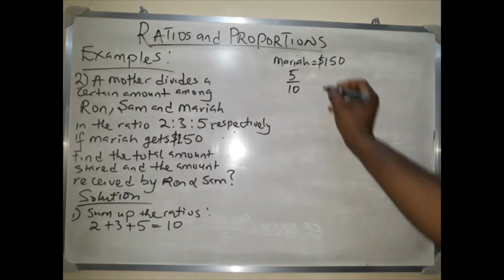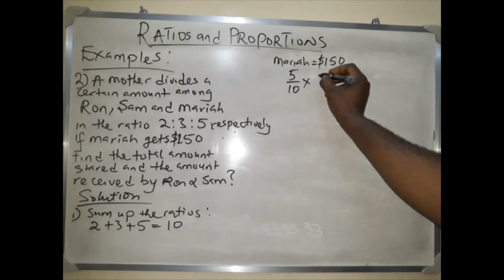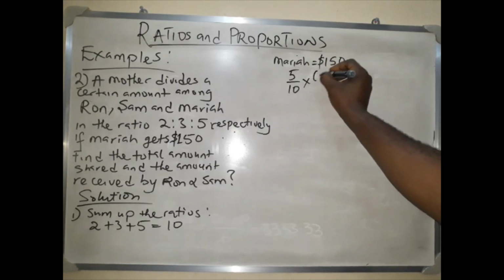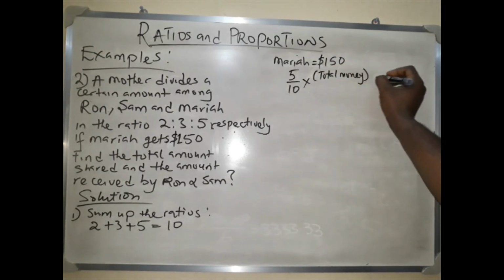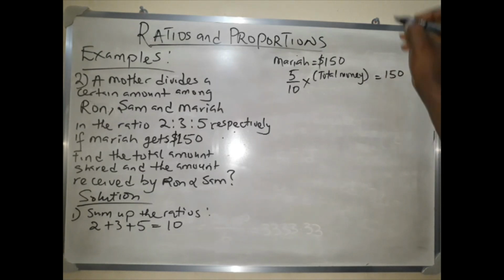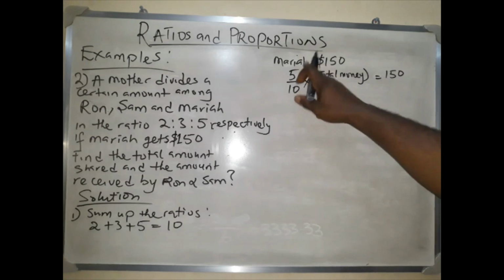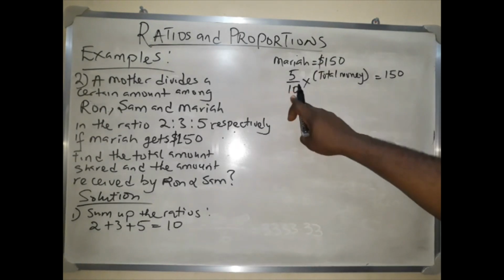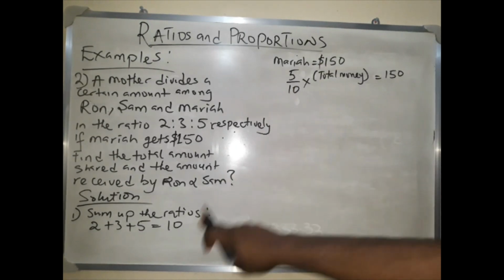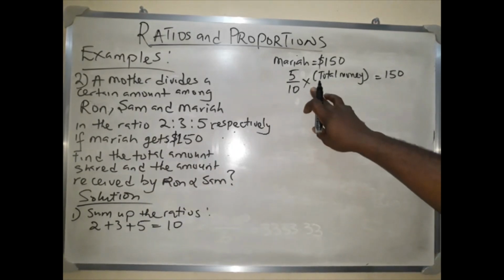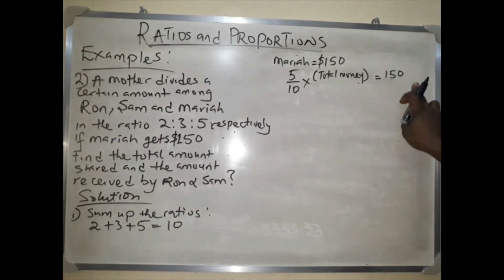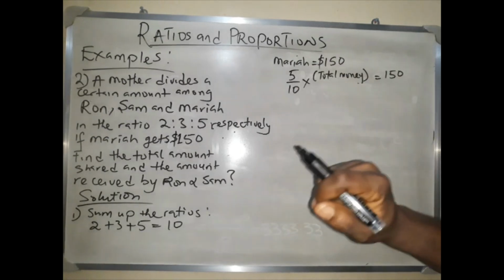So that means that 5/10 times the total money, let's call this the total money, will be equal to $150. This is the ratio of Mariah. This is the total ratio, which we added from the individual ratios to get the sum, which is 10. Then when we multiply it by the total money, we're going to get $150, which is Mariah's share.